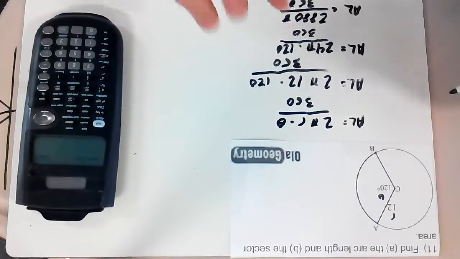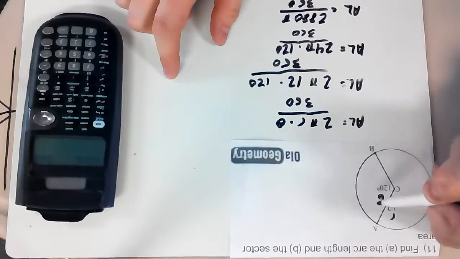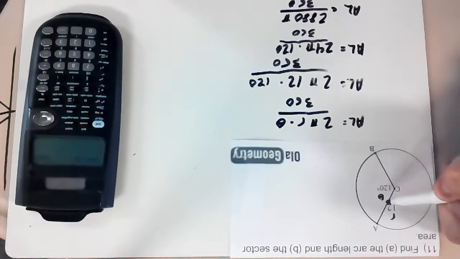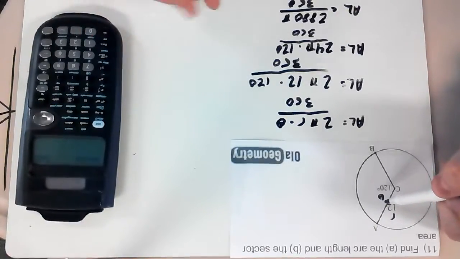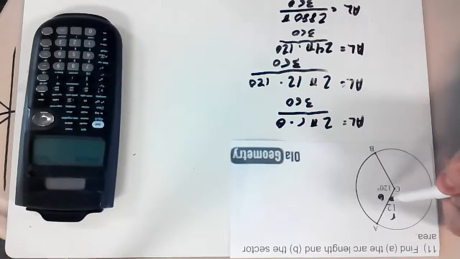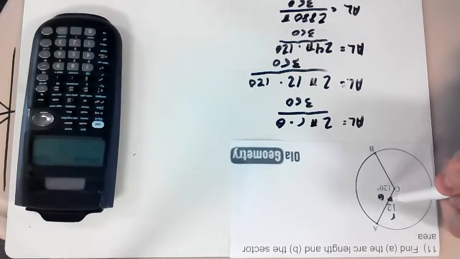Pi, as mentioned, is just a ratio between the diameter of the circle and the circumference. It's not 3.14. 3.14 is a number, and we often simplify pi to 3.14. Pi itself is an irrational number. So to keep the problem accurate and precise, I'm using pi just the same way as we talked about earlier. Instead of converting square root of 2 to a decimal, I just keep it square root of 2.